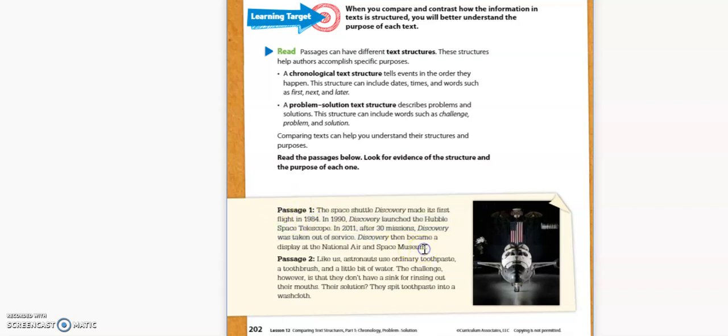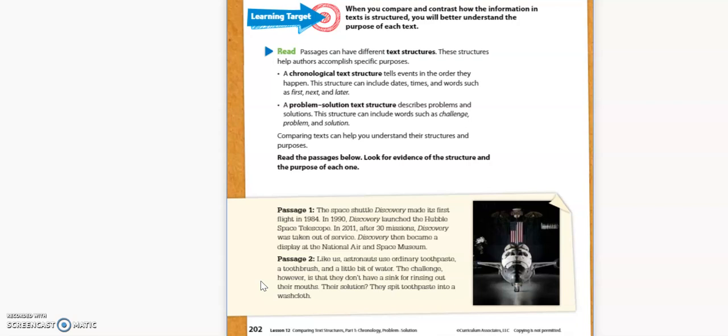Okay, let's look at passage 2 to determine if it's going to be chronological text structure or problem and solution text structure. Passage 2 states, like us, astronauts use ordinary toothpaste, a toothbrush, and a little bit of water. The challenge, however, is that they don't have a sink for rinsing out their mouths. Their solution?